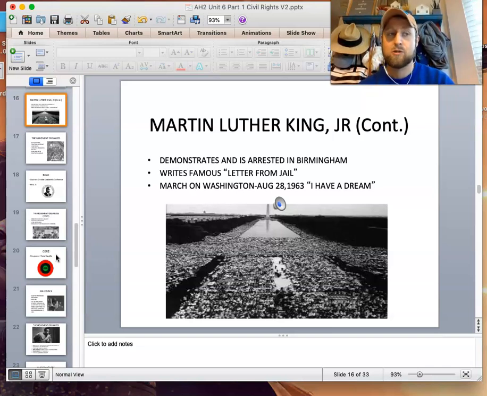You know, the I Have a Dream speech, he dreams of a day when white kids and black kids, I'm paraphrasing here, can go to the same schools and things of that nature. The I Have a Dream speech is kind of the more articulate, the more polished version of Letter from a Birmingham Jail, where he's basically writing to the next generation saying, I hope we can do better.